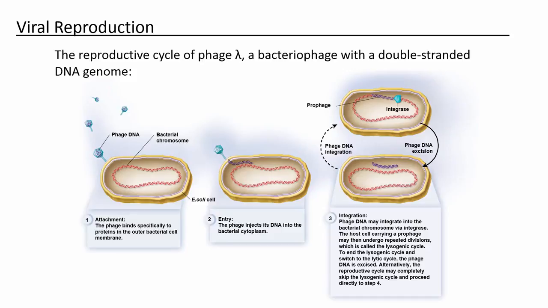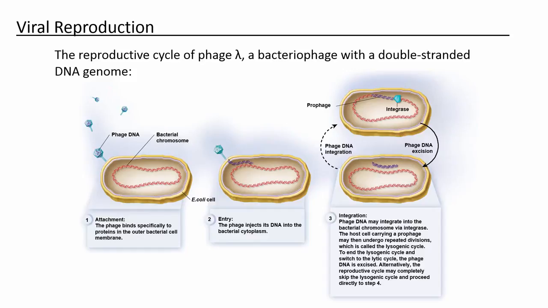One difference between the two viruses is that phage lambda infects bacterial cells, whereas HIV infects animal cells. And one difference between bacterial cells and animal cells is that bacterial cells, and this includes the ones that phage lambda infects, most bacterial cells are going to have a cell wall.